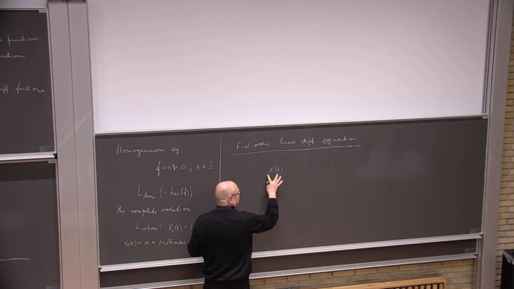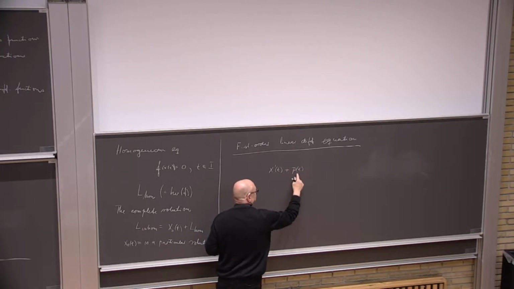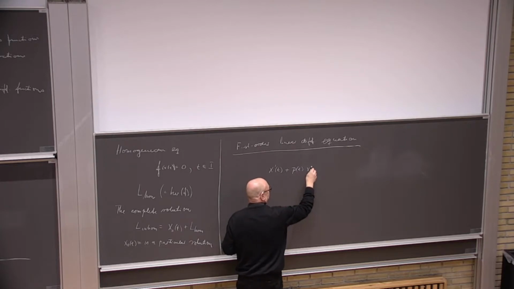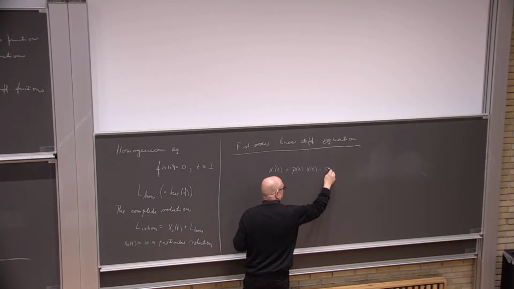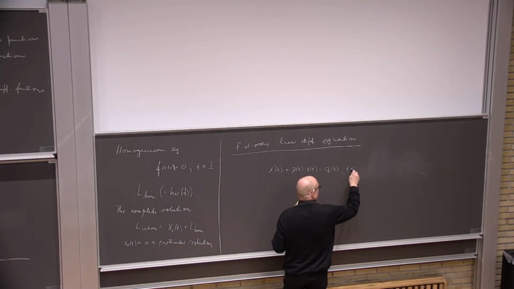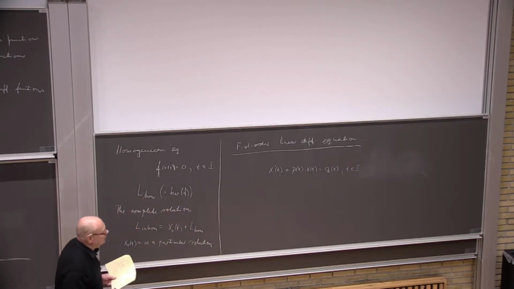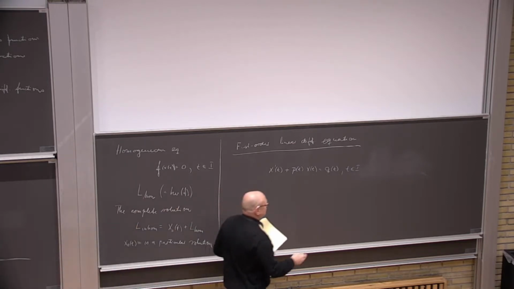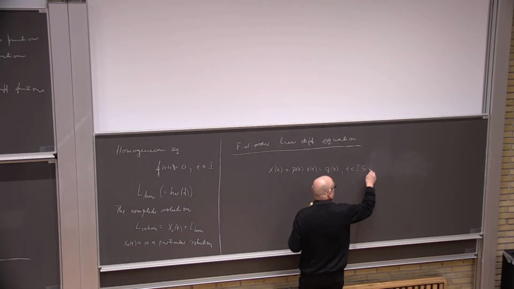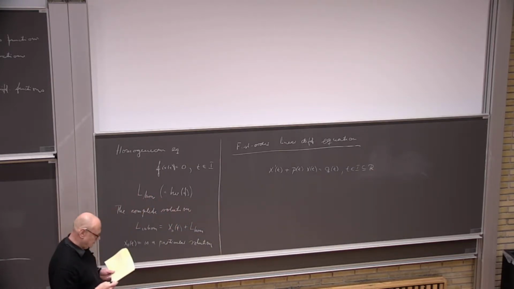It looks like the derivative of the unknown function x of t plus some known function p of t times x of t is equal to q of t. And t is given in some interval of the real numbers. I could write that explicitly, that I is a real interval.